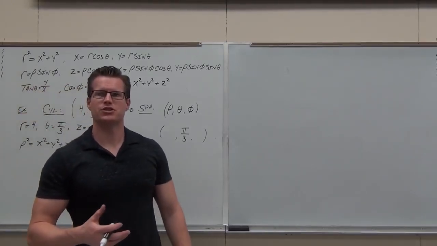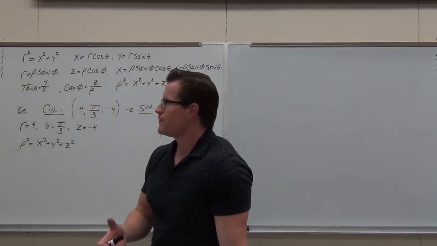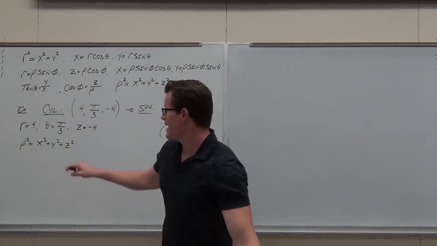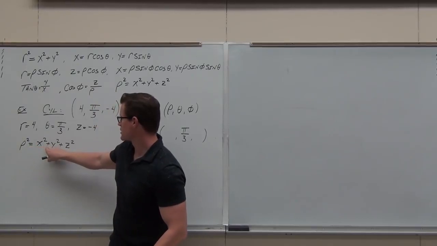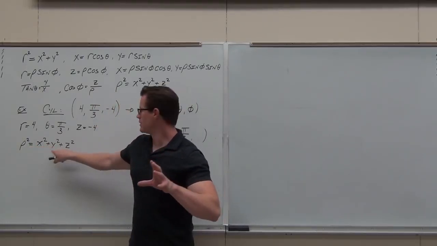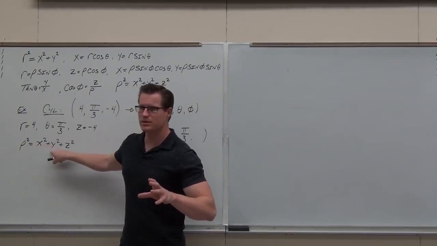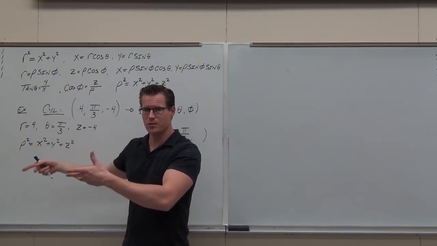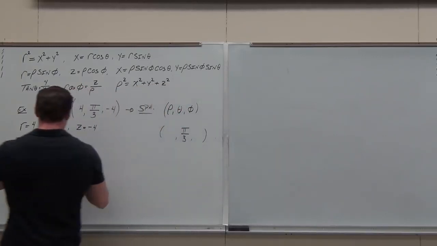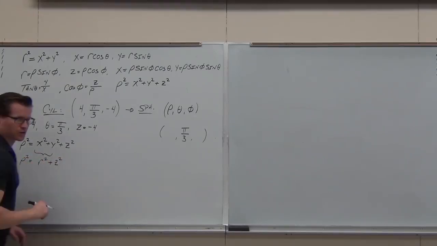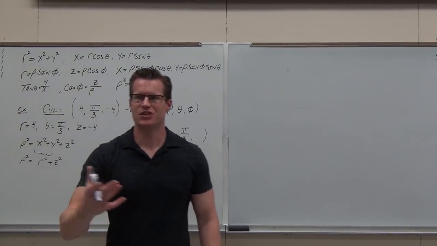However, I just finished telling you, a lot of this stuff gets easier when you're doing this, for this reason. Check this out. Yeah, I know that this is x squared plus y squared plus z squared, but think carefully. What is x squared plus y squared? That's r squared. So this formula gets a little easier. This really becomes r squared plus z squared. Hey, do you know an r?